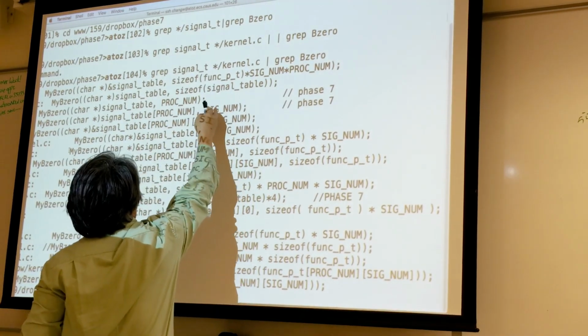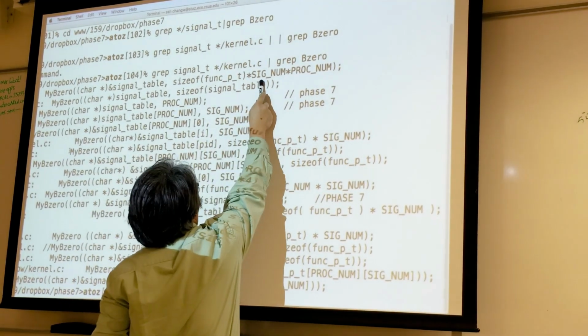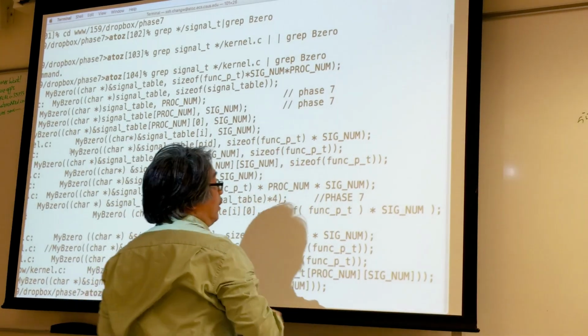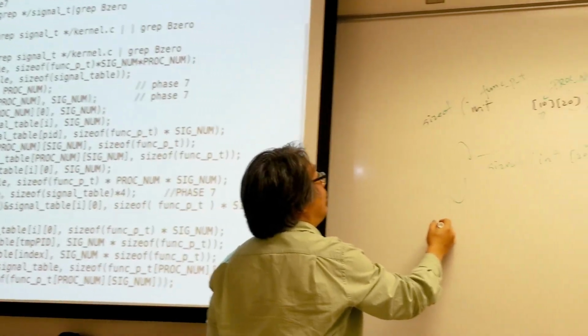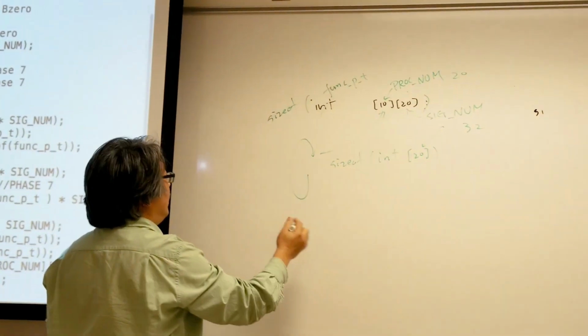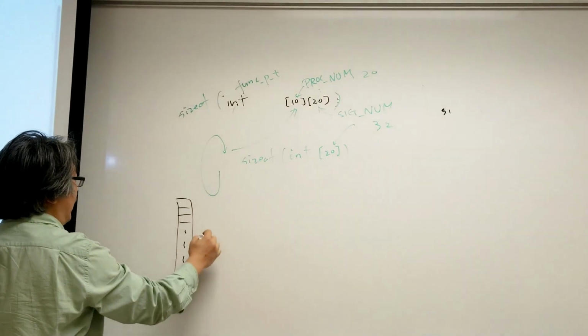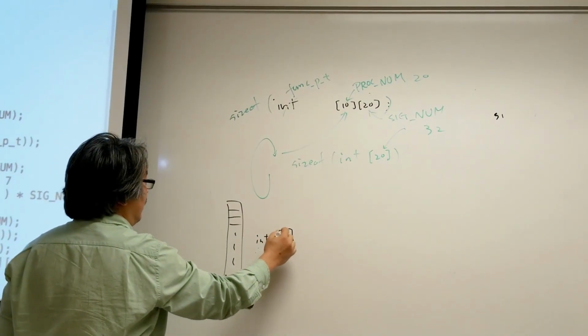Size of function pointer type, multiplied by the content, and that's good. And typically when you have an array, you know it's contiguous in memory, so we can specify like this, in this case, like 10, 20.